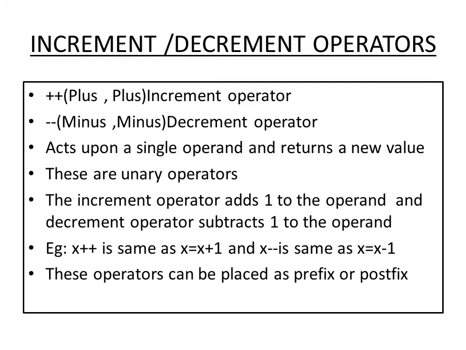Since it acts upon a single operand and returns a new value, it is a unary operator. Now, these operators can be placed either as prefix or postfix. Prefix means before the variable, postfix means after the variable.